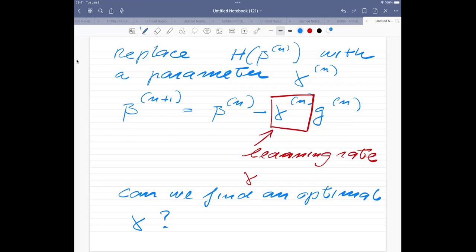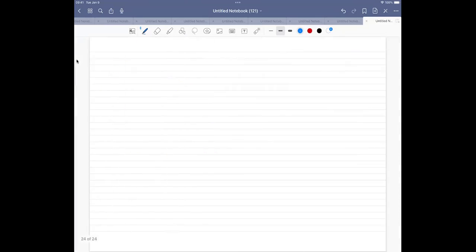There is a simple way of getting some kind of feeling for what is the optimal gamma value. So we go back now to the Taylor expansion. Taylor expansions are extremely useful tools.